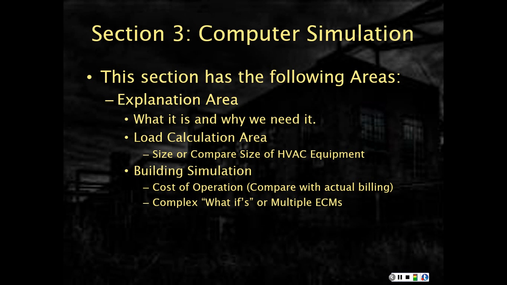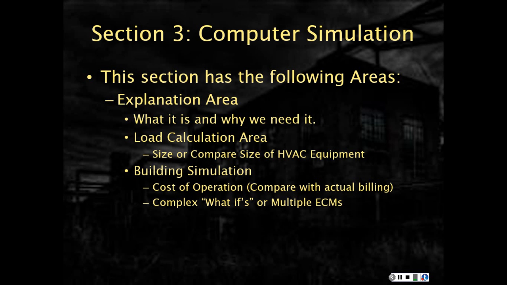Section 3, or the computer simulation section of an energy audit report, really has some key areas involved. There's first an explanation area. Now this is crucial. The building owner, operator, or a facility manager may grab this report, or this report may be handed on to other professionals.